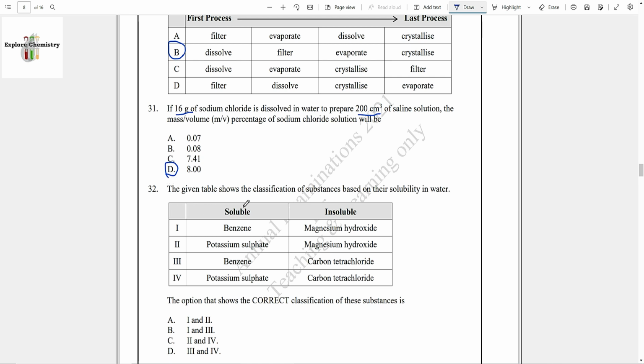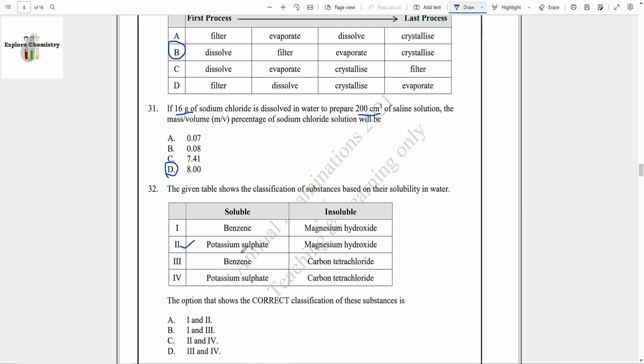Number 32, the given table shows the classification of substances based on their solubility in water. The option that shows the correct classification of these substances is: benzene is soluble, it is written. No, it is insoluble in water, so this one is wrong. In 2 it is written potassium sulfate soluble, magnesium hydroxide insoluble.